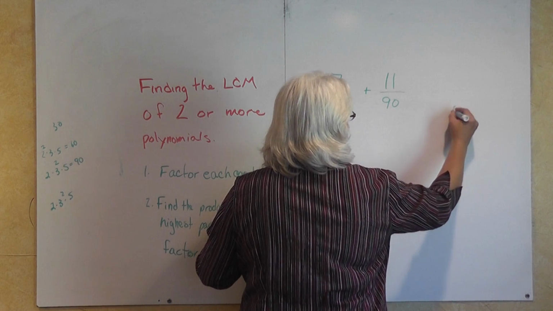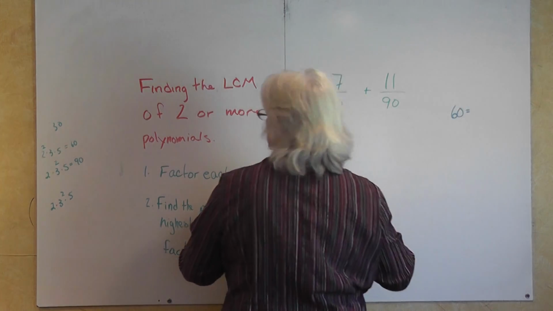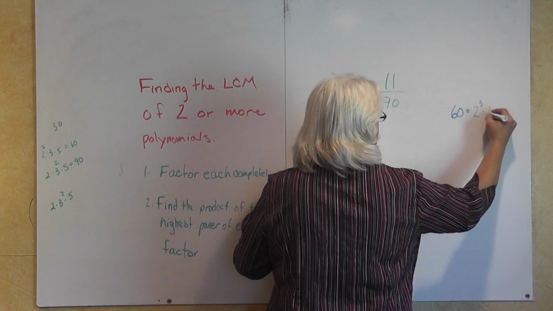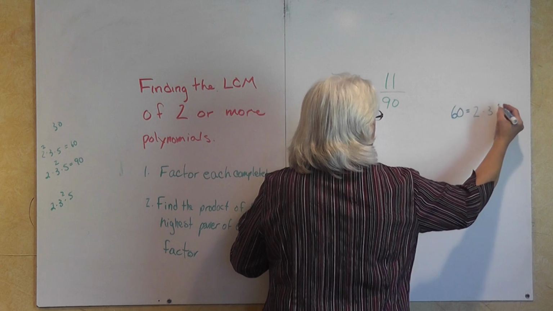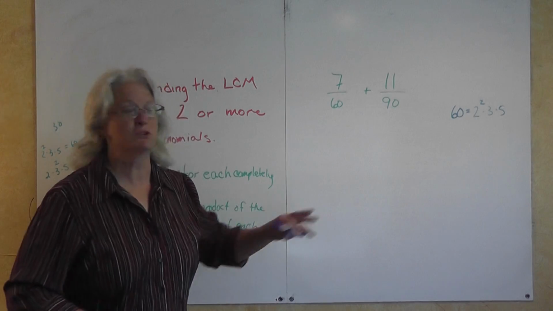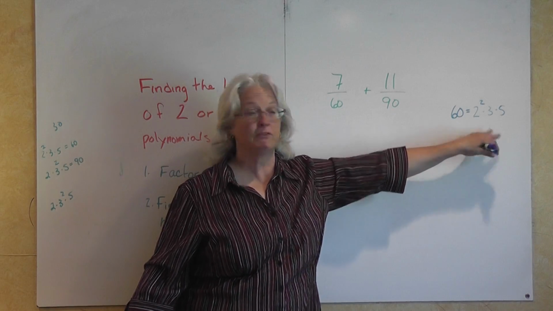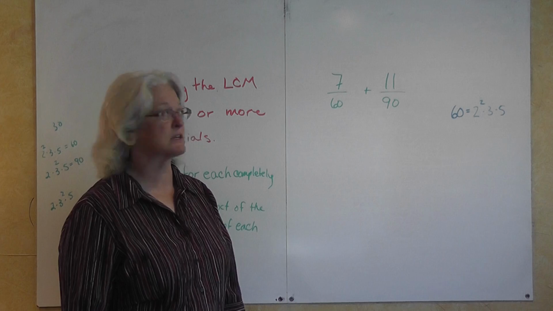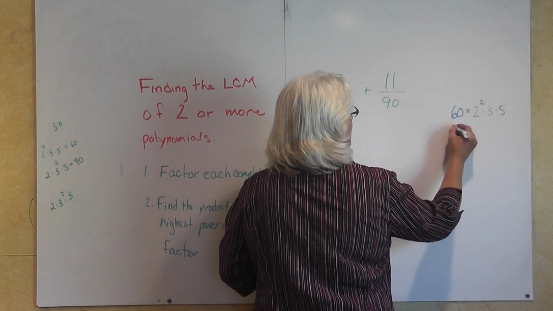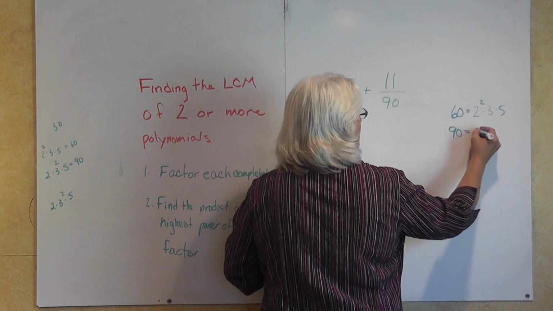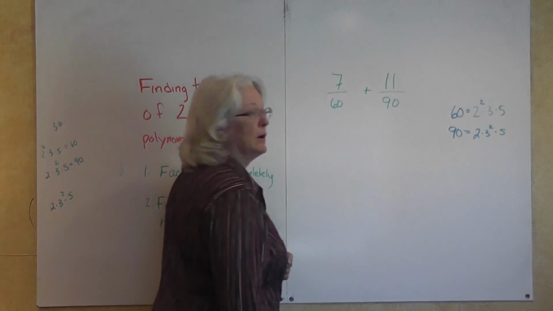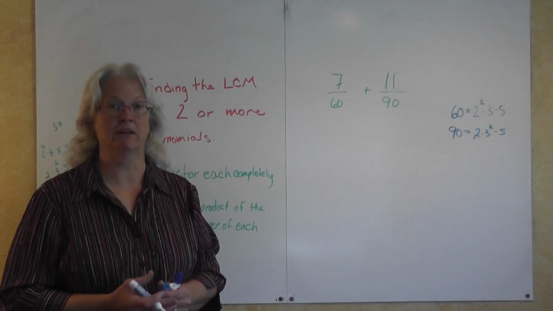If we prime factored 60, we would learn that 60 was equal to 2 squared times 3 times 5. 2 squared is 4, times 5 is 20, times 3 is 60. When you prime factor 90, you saw that 90, written as a product of primes, is 2 times 3 squared times 5, or 10 times 9, which is 90.